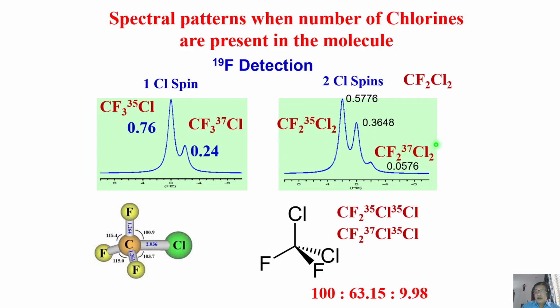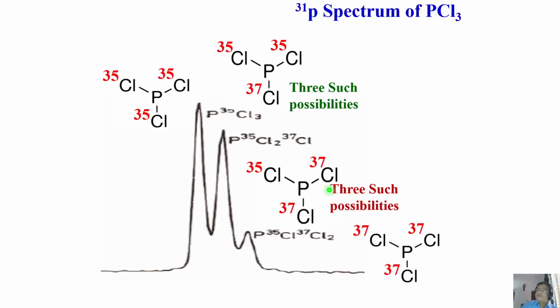In this case, all are 37. In this case, one 37, and so on; you find all these out. Can you find the ratio of the populations? You can get the intensities easily. Now you don't have to worry. The intensity you get experimentally, you can calculate theoretically simply by looking at the population distributions, how they are statistically distributed. Okay, so this is what I wanted to tell you.